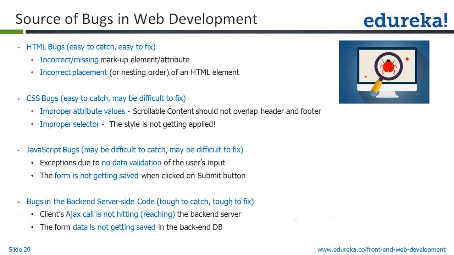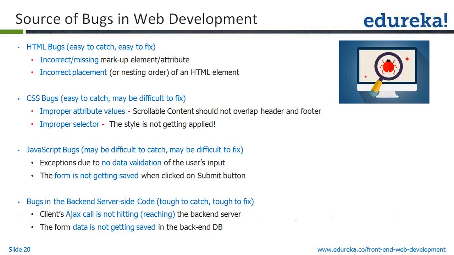Note that bugs could be there on the backend server as well, because even if the backend server is dynamically generating the web page, since that code is written in Python, Perl, or PHP, there could be some bugs as well. Because of that, the HTML or CSS content you get on the front end side could not be rendered correctly, or there could be some misalignment and so on.